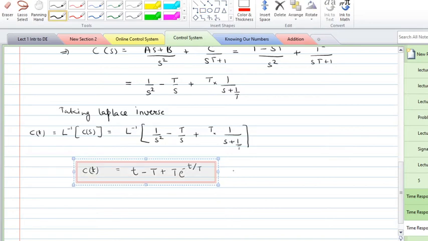Again the same thing, this will be equal to your transient response plus steady state response.